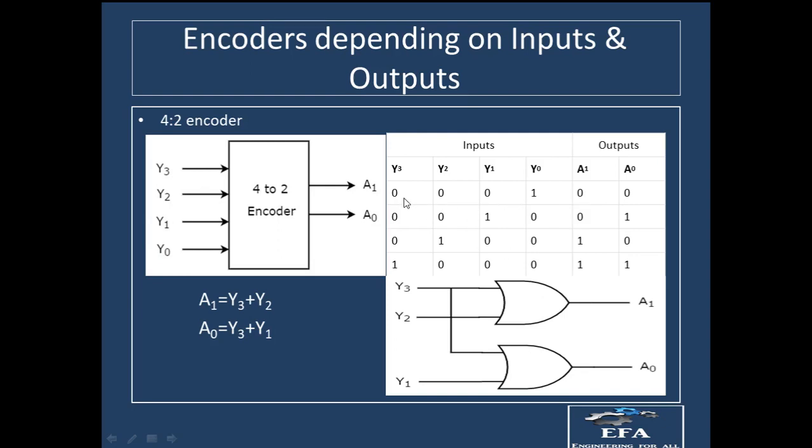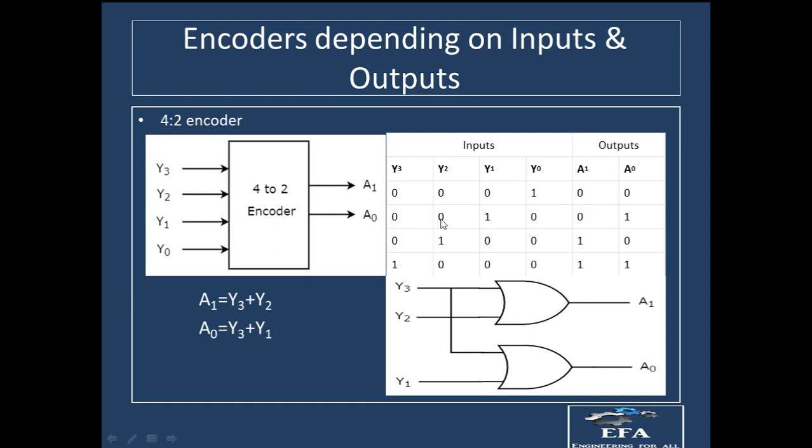Suppose you are having y3, y2 and y1 equal to 0, and only y0 is having the information. This corresponds to y0, and y0 is corresponding to 0 0. So the information which has to be sent to the output will be 0 0, that is a1 will be 0 and a0 will also be equal to 0.